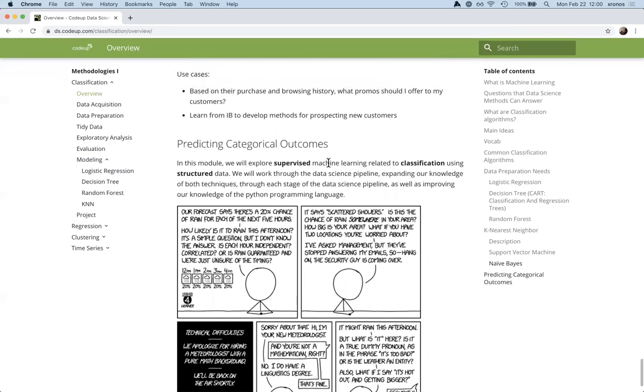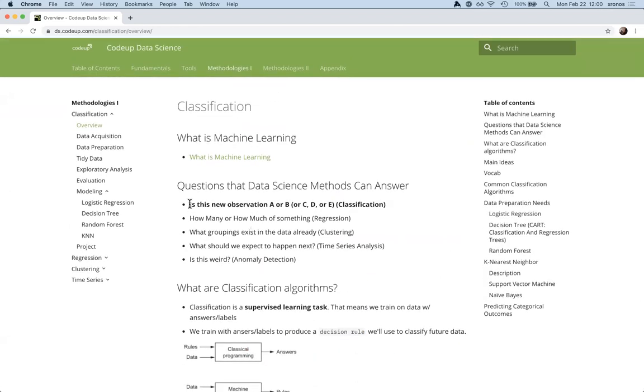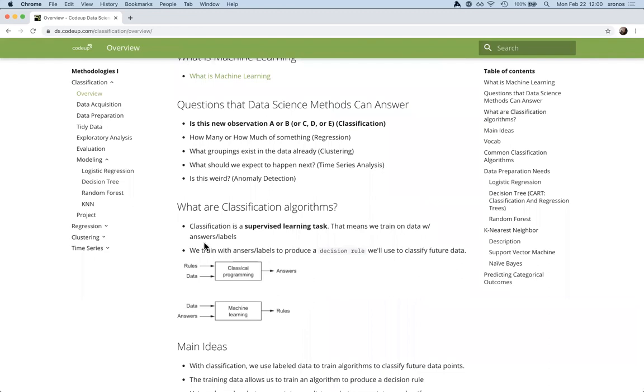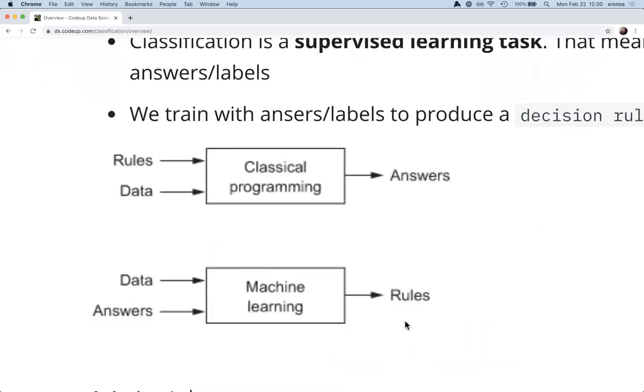So what we've covered in this module is an intro to classification, and in that we've talked about the 5 kinds of questions our data science methods can answer. Specifically, we spent a good amount of time talking about supervised learning and what that means and what the big goal is. And the big goal with any supervised learning is learning the rules.